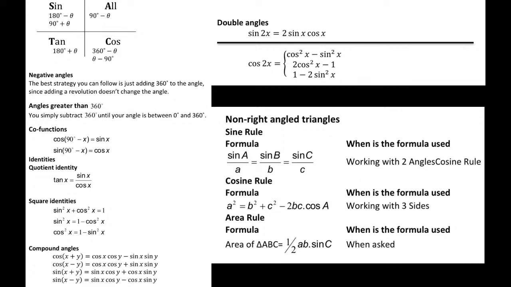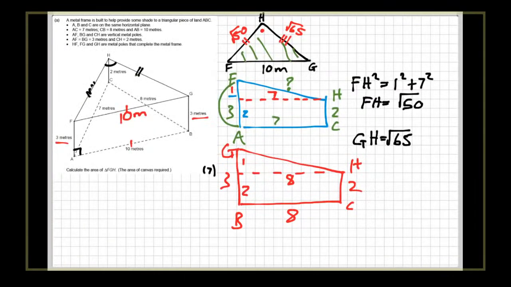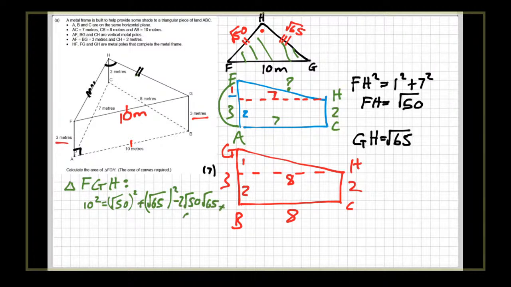So if I look at my cosine rule in triangle FGH, it says that 10 squared is equal to root of 50 squared plus root of 65 squared minus 2 root 50 root 65 multiplied by cos of angle FHG.